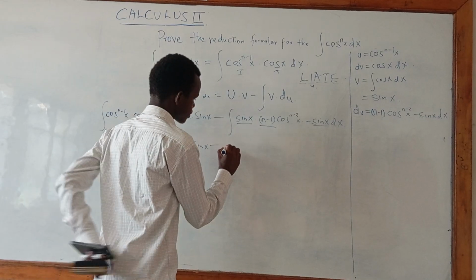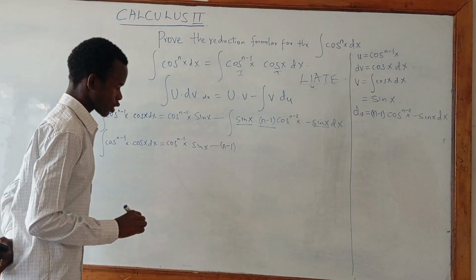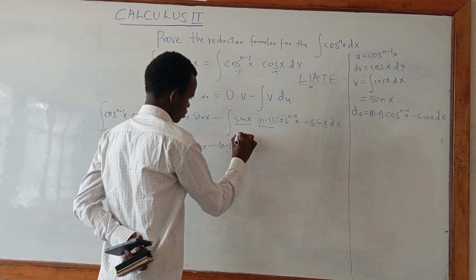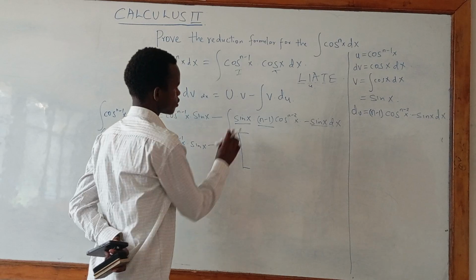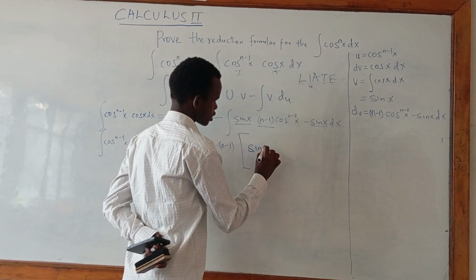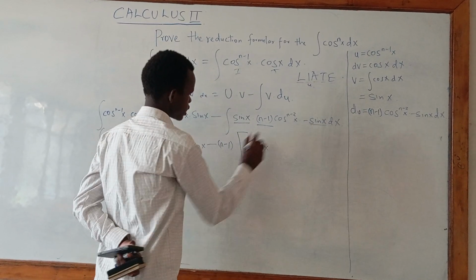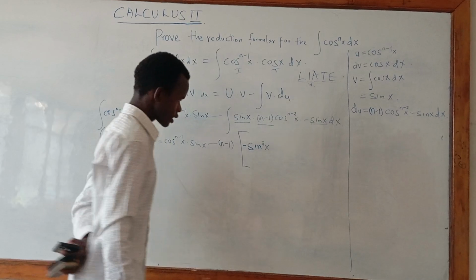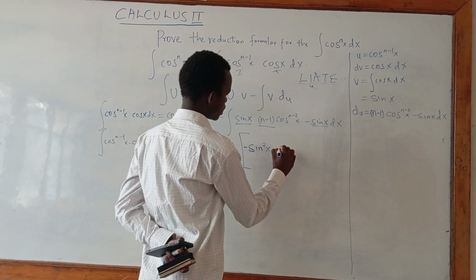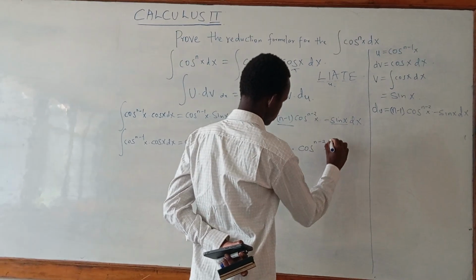It will be minus n minus 1, then open the bracket for all the remaining functions: sine multiplied by sine is sine squared of x, with the negative sign, multiplied by cos to the n minus 2 of x.